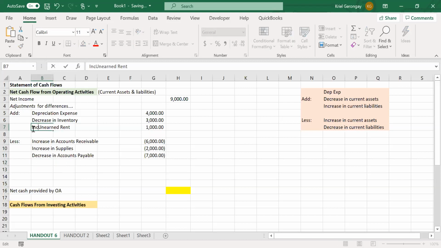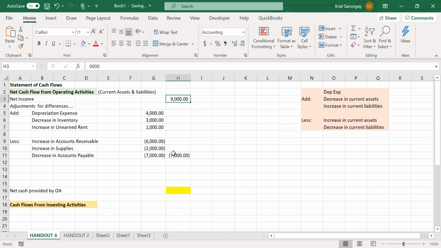Okay, increase in unearned rent. So we're just going to have to get the total of the amount that we added and the amount that we subtracted. It'll be negative 7,000, right? Yeah, negative 7,000, and then just get the difference between the two.